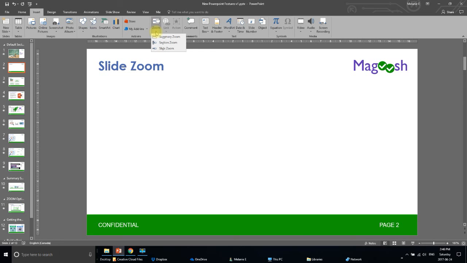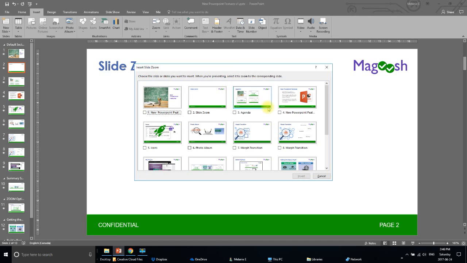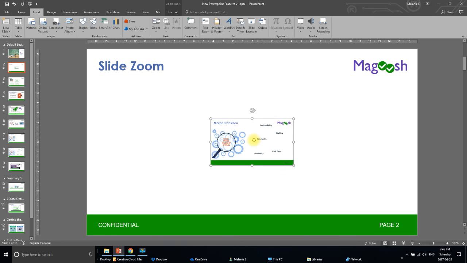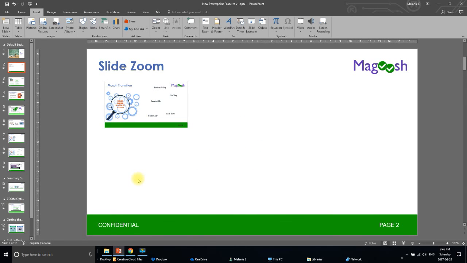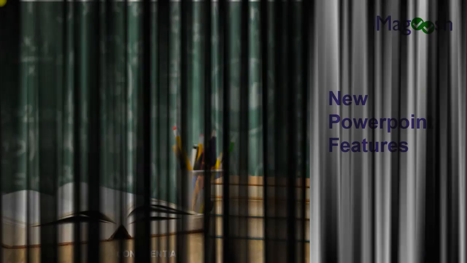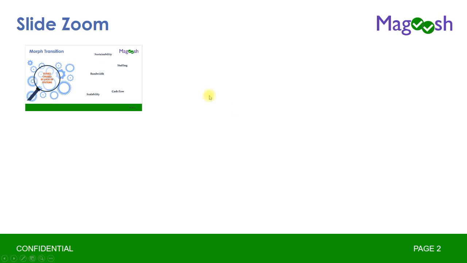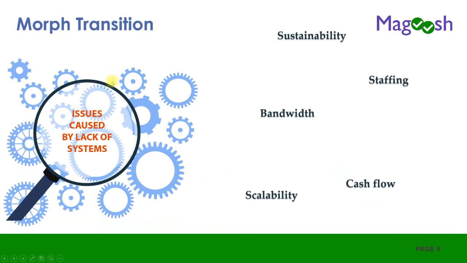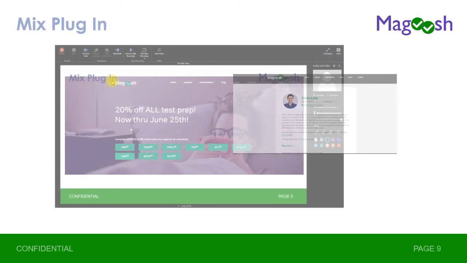The last zoom option we're going to cover is the slide zoom. So this basically creates a link to another slide within your presentation and allows you to zoom to it. So I'm just going to go to slide zoom, and you'll see it pops up all the slides within my presentation. And I can choose to add a particular slide, insert. And then when I go to my presentation mode, I can actually click on that slide and it will zoom me to that particular slide.